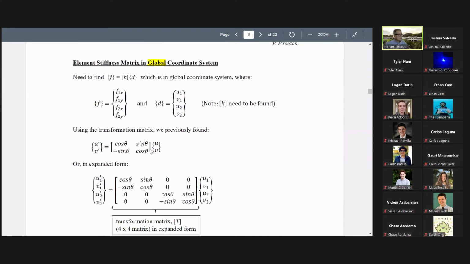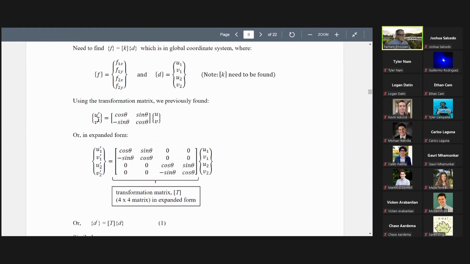Now, using the transformation matrix, we derive this one. U prime, V prime is equal to this, where the displacement with prime is related to the one without prime, to global.